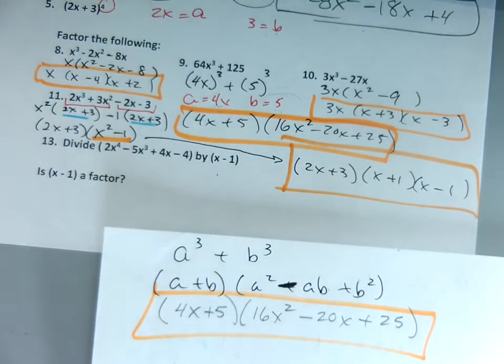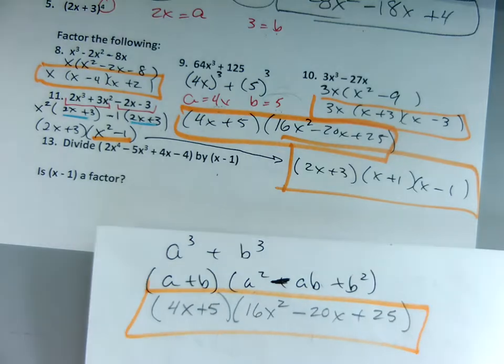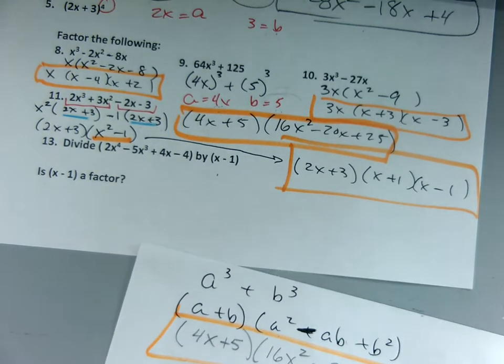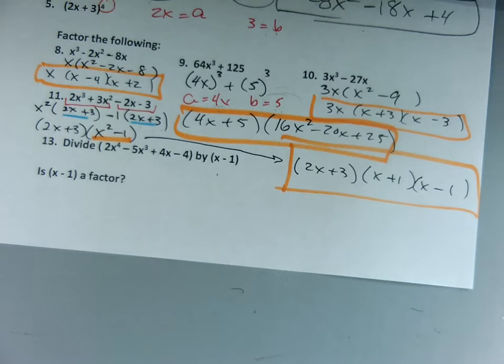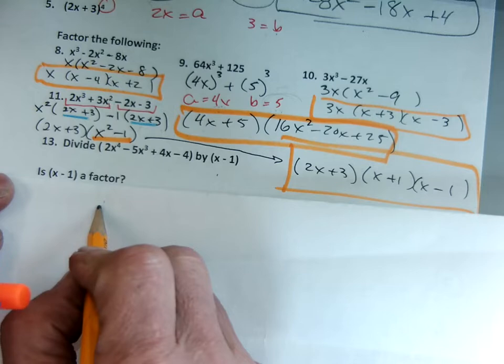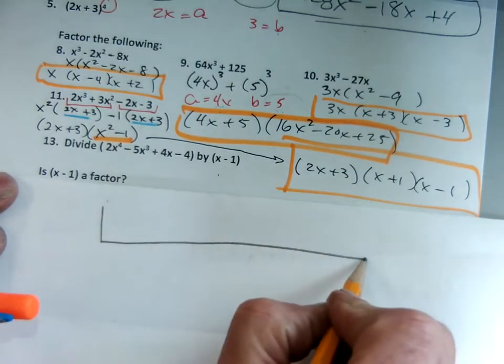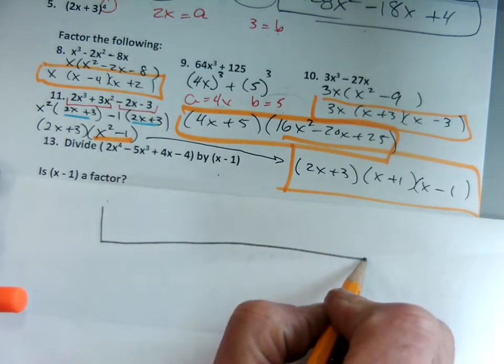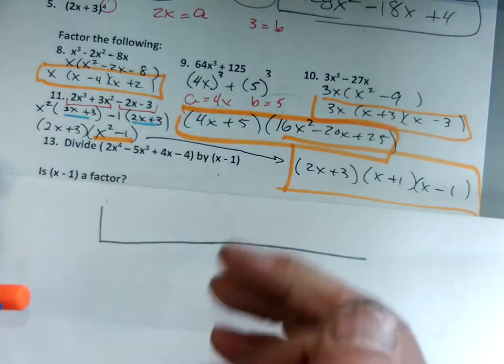Okay, number 13, divide. I'm going to use synthetic division. I'm going to use my scratch paper so I have room. So we put 13 right here on my scratch paper. All right, so synthetic division, right? Let's go upside down. And I am missing a term.